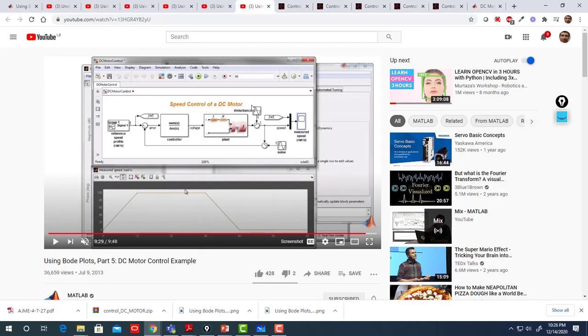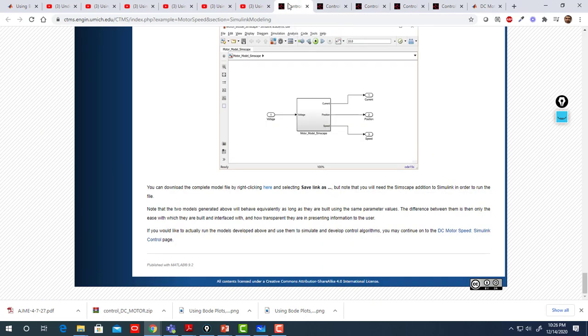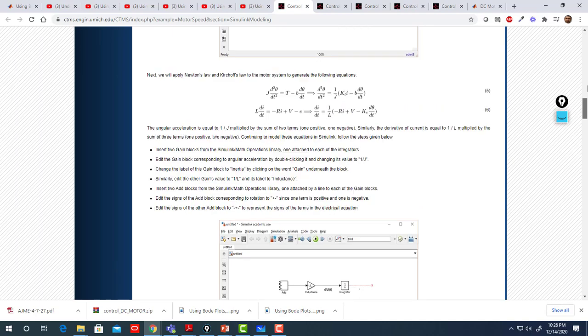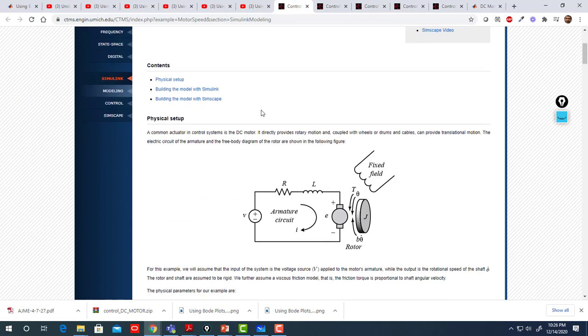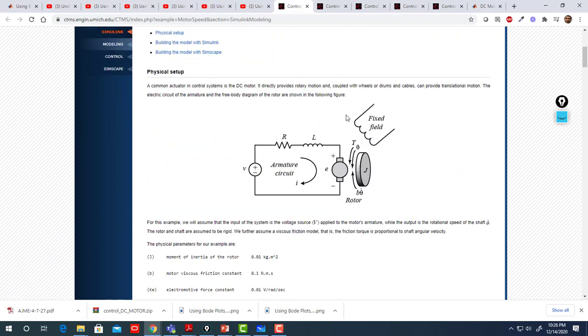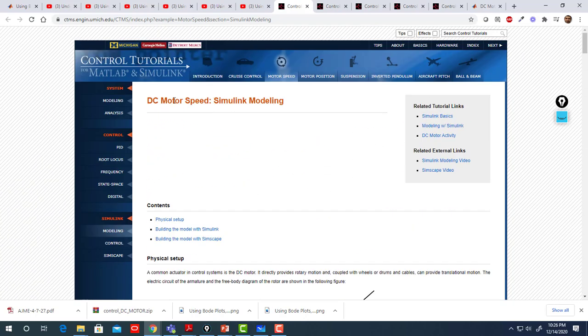This example we'll see later on in many examples using the SISO tool, of course, but just now I wanted to point out the example in MATLAB. Also some other interesting examples, I recommend you go over them in addition to what we will do. So DC motor speed Simulink modeling, you can go over it in the Michigan control tutorial.